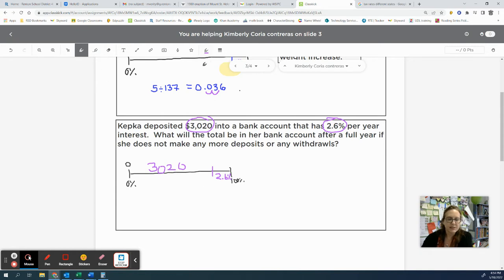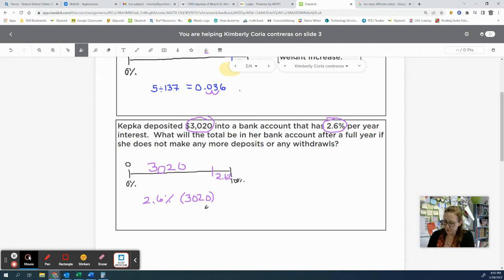All right, with this, what we do is we want to know what 2.6% times $3,020 is, because we want to know 2.6% of $3,020. That's going to give us our interest. I don't want that calculator. I want this calculator.